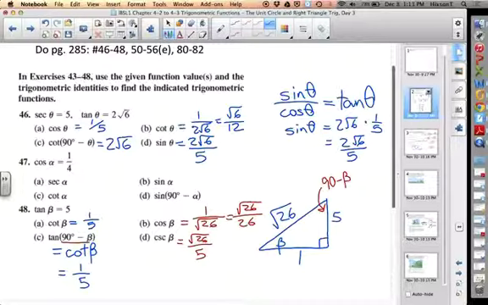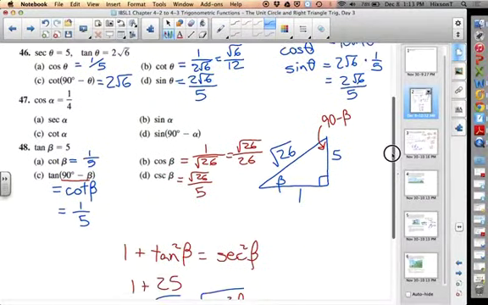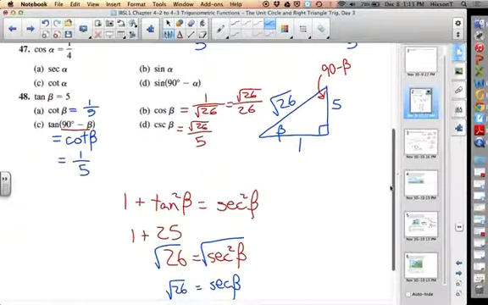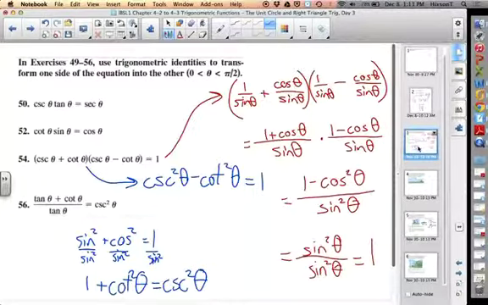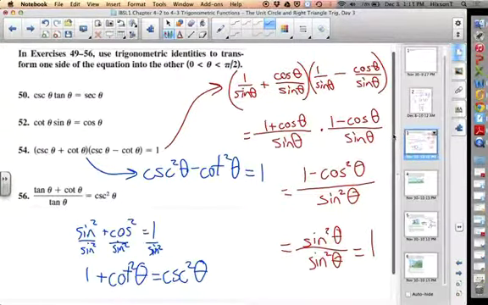All right, let's see. What other questions do we have? Oh wait, here was one. This one was interesting, number 54. We did this one third period. FOIL, right? There are two ways you could have done it. One would have been to FOIL, and you would have gotten this.